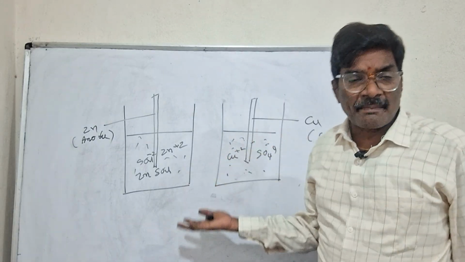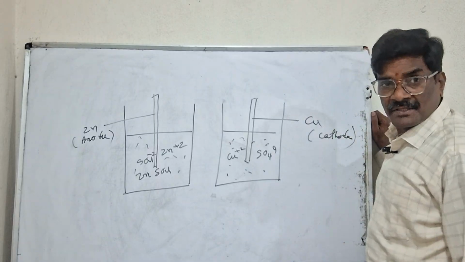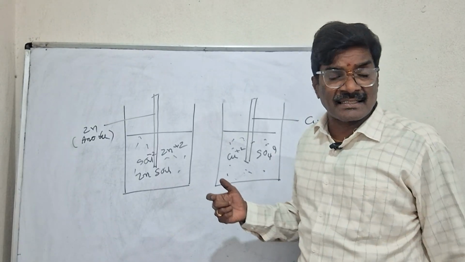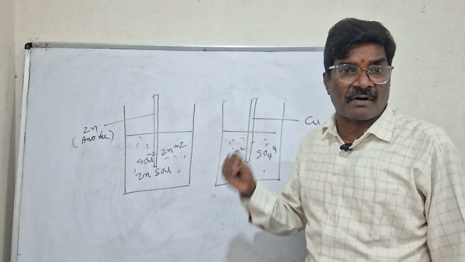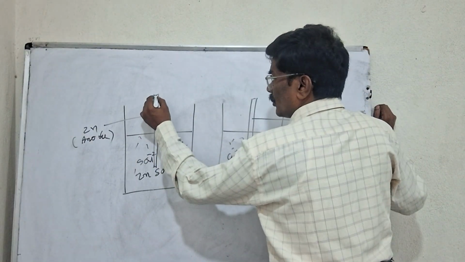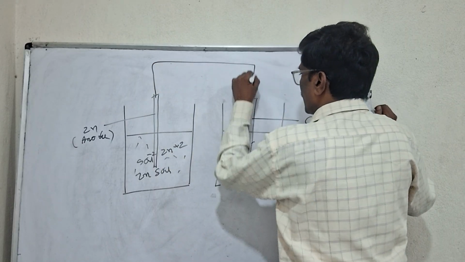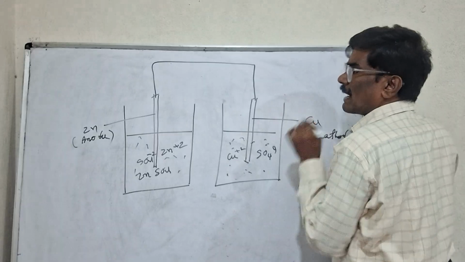This type of reaction is spontaneous. Because of the spontaneous reaction only, energy is produced in the form of electricity. So these two rods are connected externally with a metallic wire, for example copper wire.